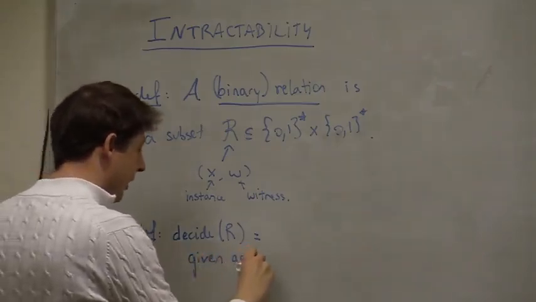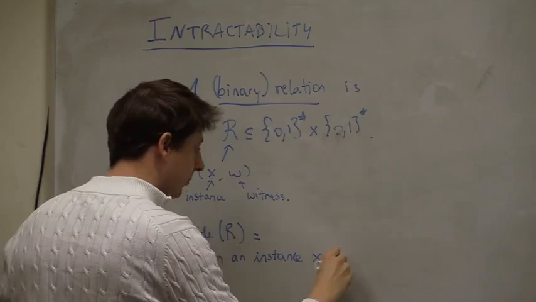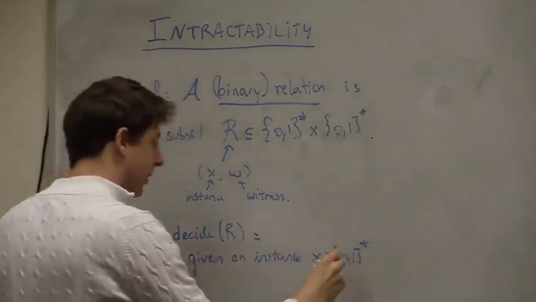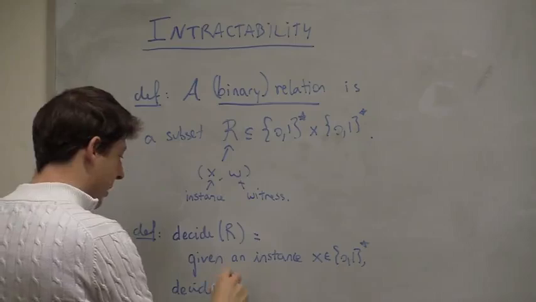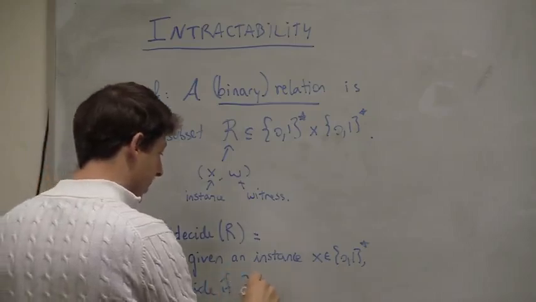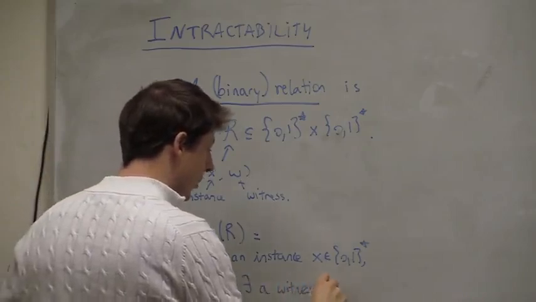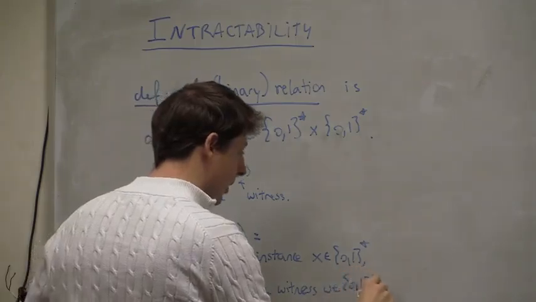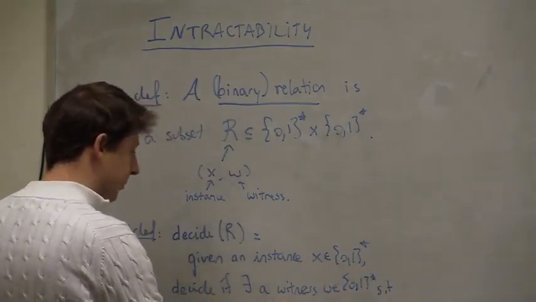Given an instance x, an instance is just a finite bit string, decide if there exists a witness w, which is another string, such that (x, w) is in the relation.